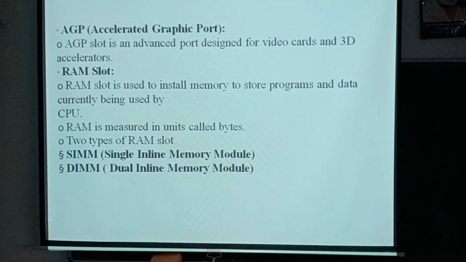So whatever data or instruction the CPU is currently going to execute is stored in the RAM. You studied that in first year. But whenever the power goes, the data in the RAM is lost. Okay. So RAM is measured in units called bytes. So we say so many bytes of RAM are available.